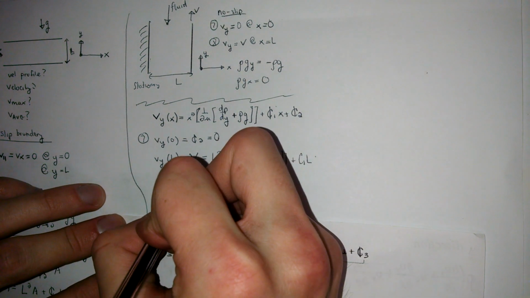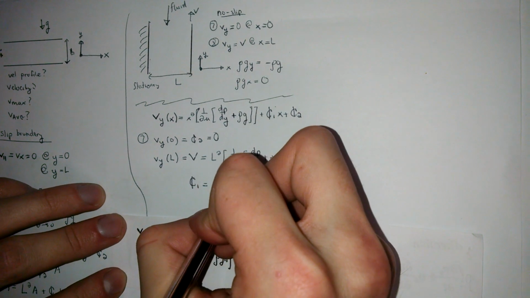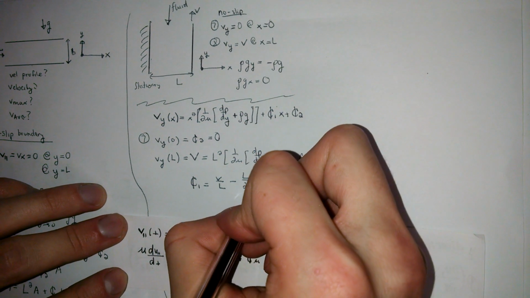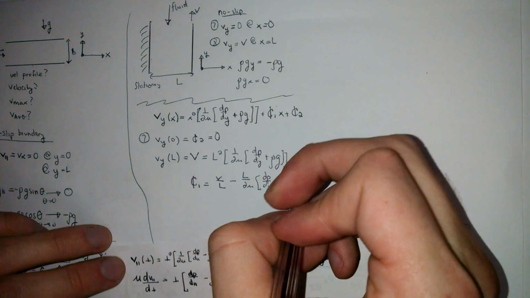And this time what you're going to get is V over L minus L over 2 mu times dp dy plus rho g.